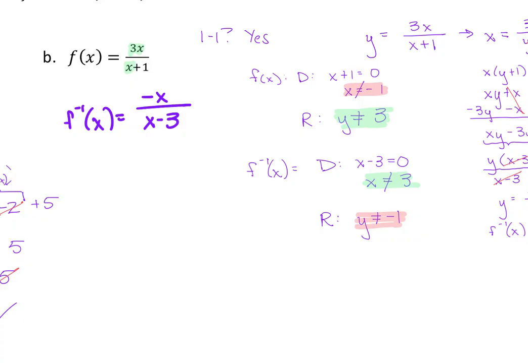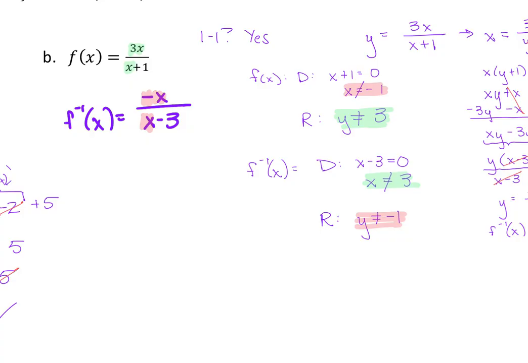For our inverse function, if we look at our leading terms and simplify them, we do get -1. And so, again, we have a horizontal asymptote of -1. That's the same thing as saying the range is y is not equal to -1. All right, so that takes care of that.